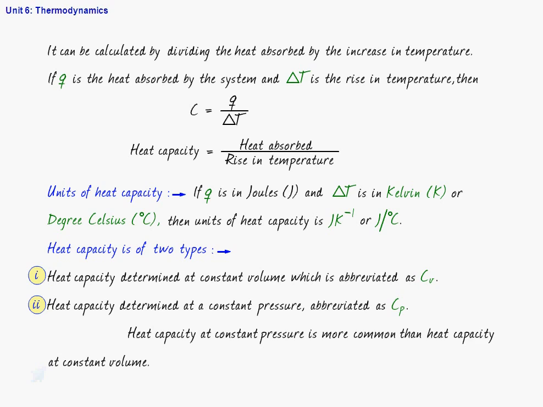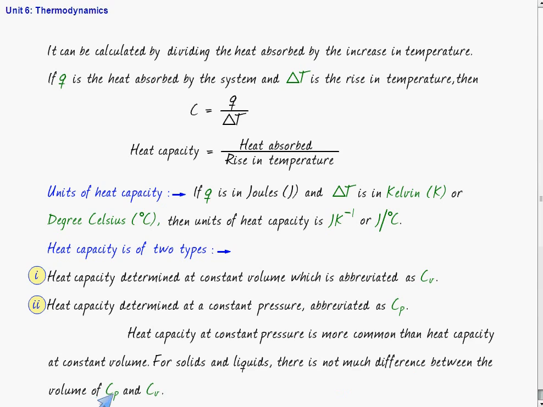So obviously CP is more common than CV. Now for solids and liquids, there is not much difference between the values of CP and CV, because in case of solids and liquids there is no effect of pressure. But for gases these quantities differ.